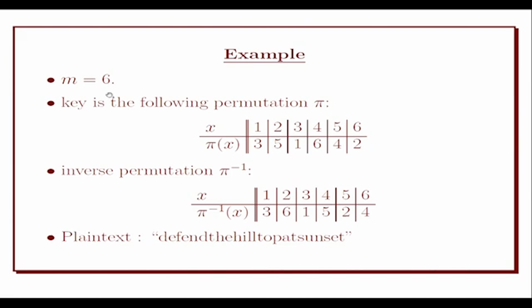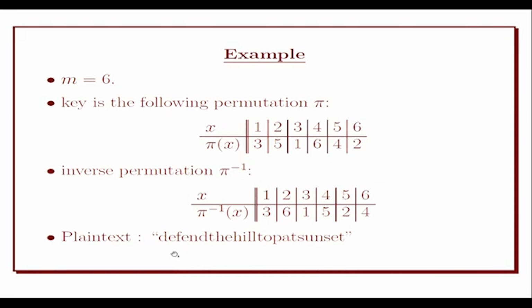Suppose m is 6 and we choose a permutation where 1 goes here, 3 comes here, 5 comes here. Whatever is x5 will come here, whatever is x1 will come here. So, it is a shuffling, a linear permutation on x1, x2, up to xm. This is one permutation we are choosing, and then the corresponding inverse permutation is this.